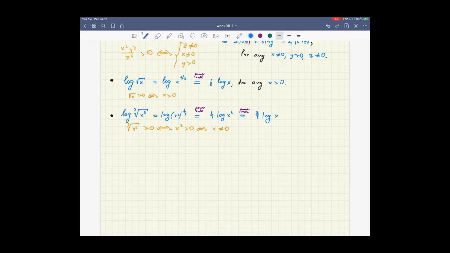And log of a negative number doesn't make sense. So I need to put the absolute value. And now the requirement is the same as for the left-hand side. Any x non-zero.